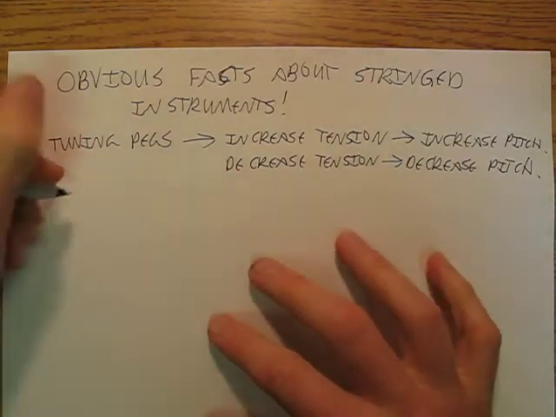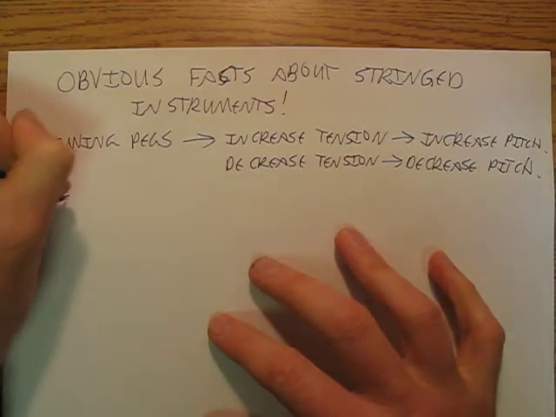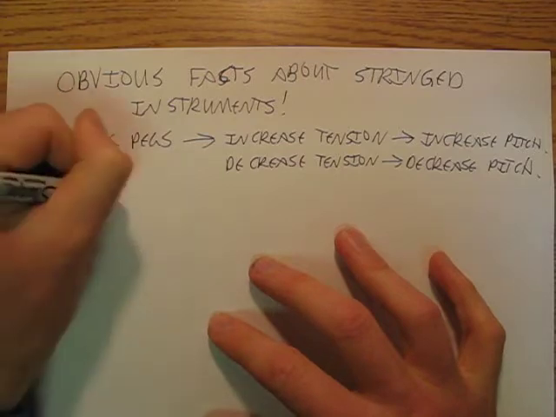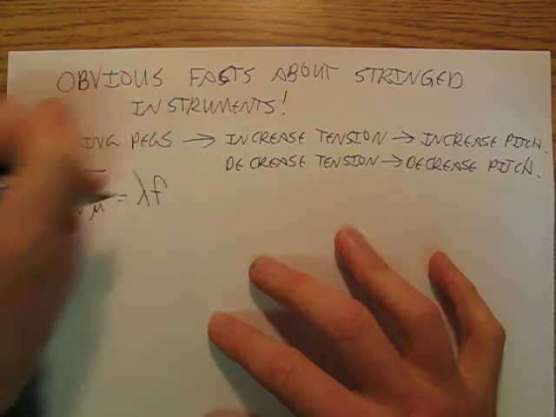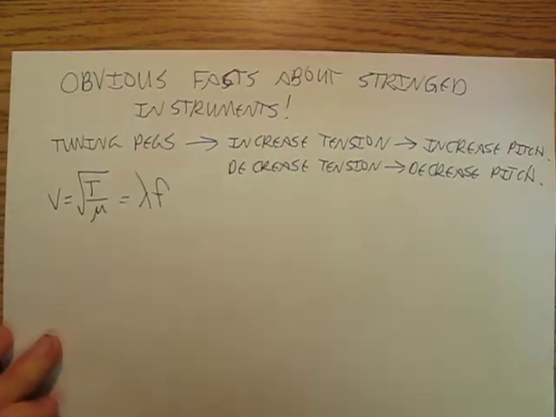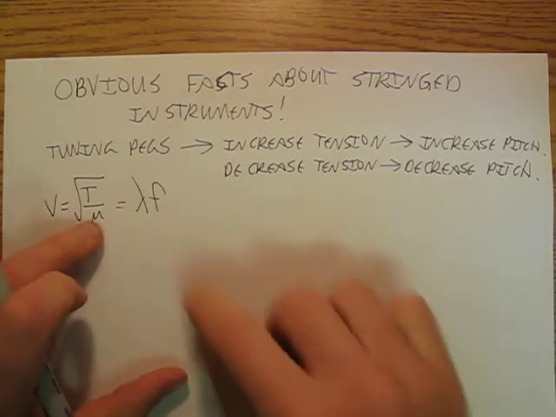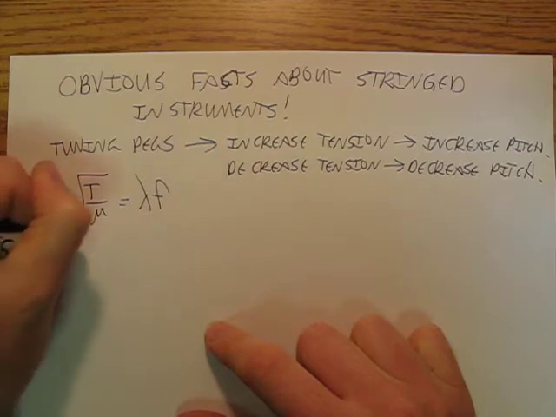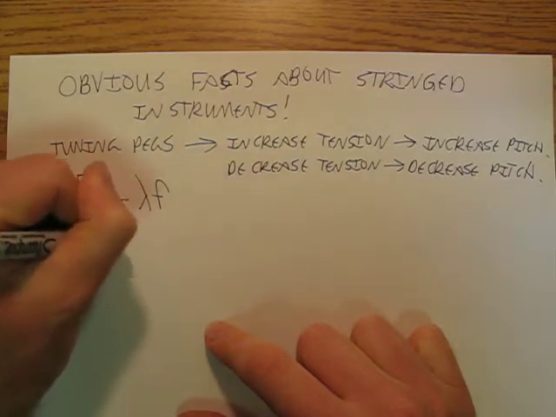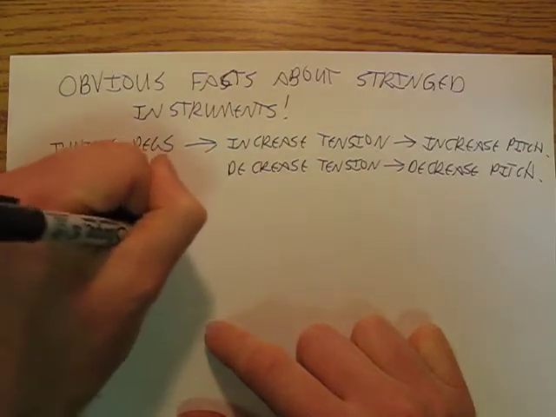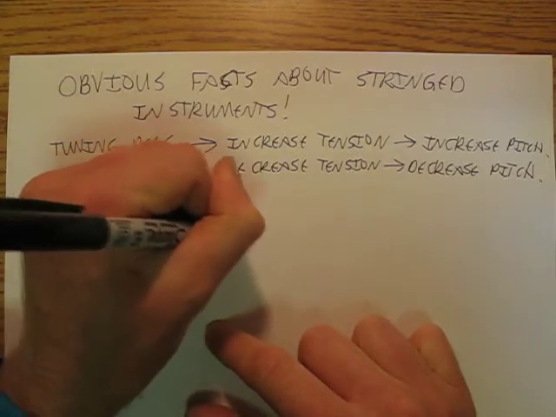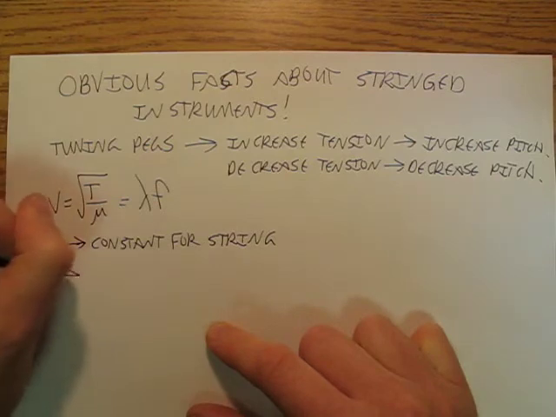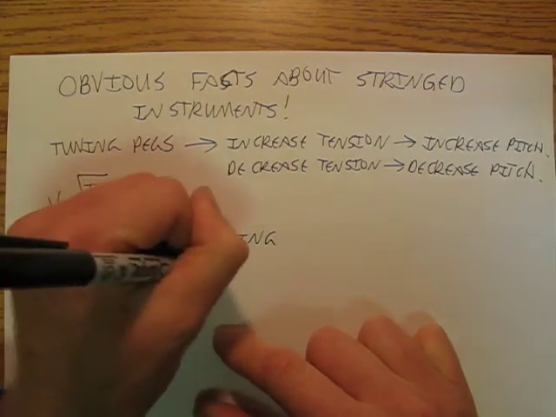And that's all because if we look at v equals the square root of T over mu, and it also equals lambda f, well, we're not changing the string, so mu is constant for a string, and then lambda is constant for an instrument.